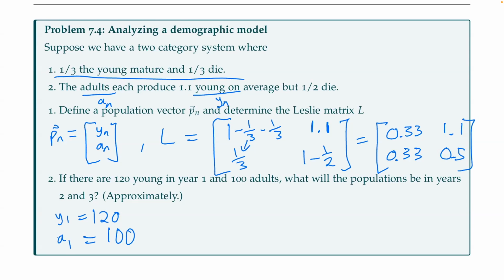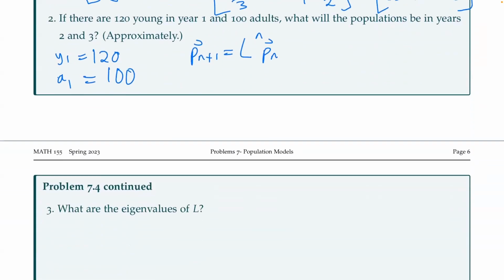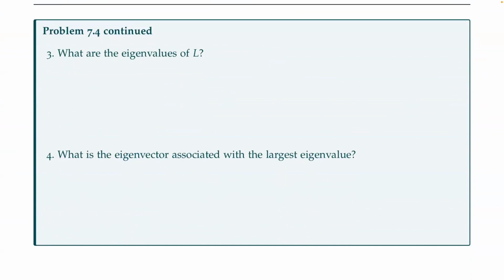Well, remember that our population in year N plus 1 is going to be our Leslie matrix L to the power of N times what was in Pn. So have a go at doing that one in your own time and work out approximately how many individuals we have. Remember also that we're not going to have half or fractions of individuals here, so you'll want to round them as well. Okay, that I'll leave as an exercise because that's just calculation.